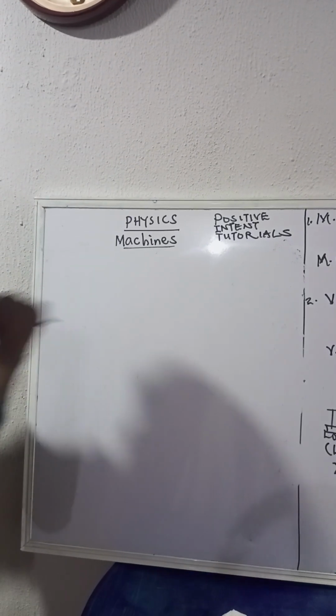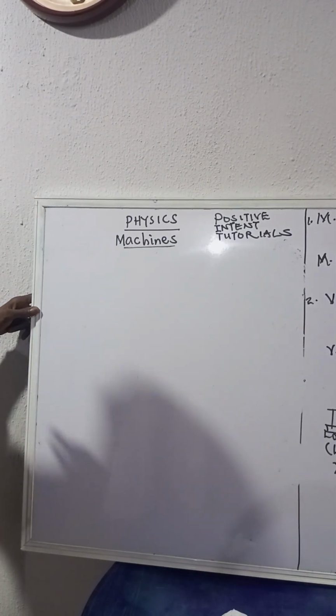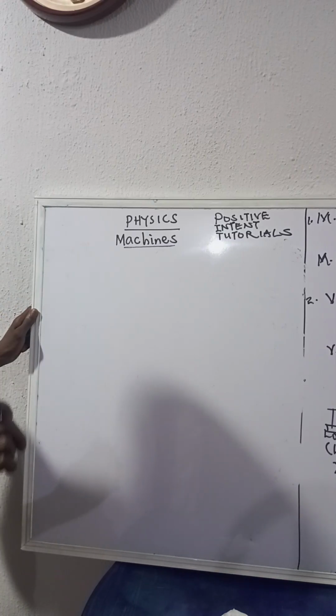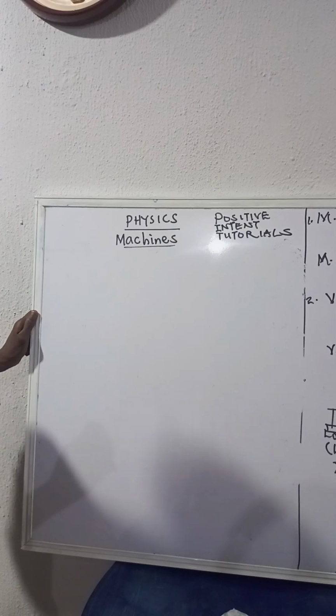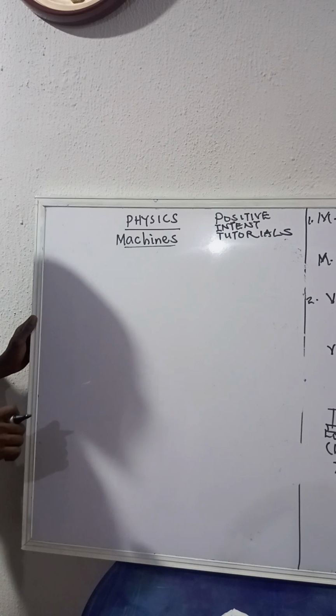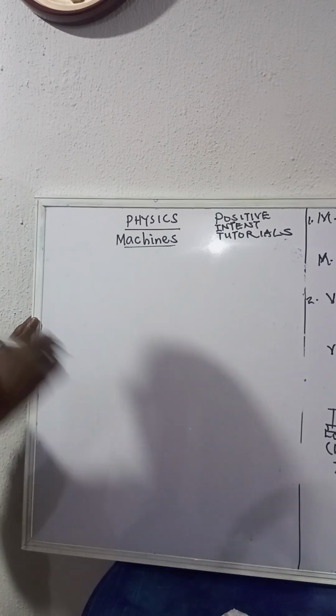Now, let's pick from where we stopped. That's an ideal machine. What's the meaning of an ideal machine? An ideal machine is any machine with 100% efficiency. It's any machine whose efficiency is 100%.